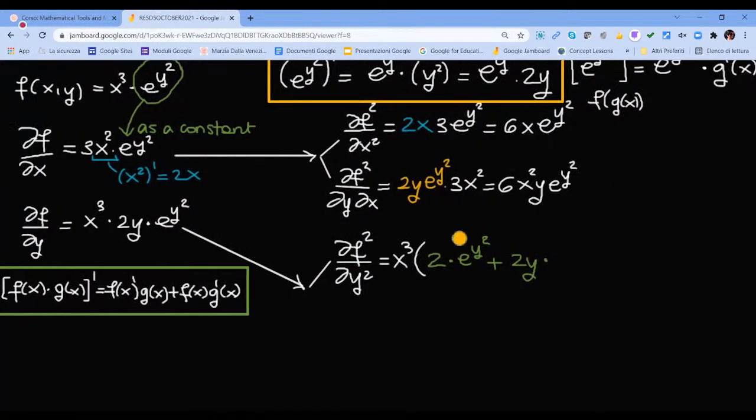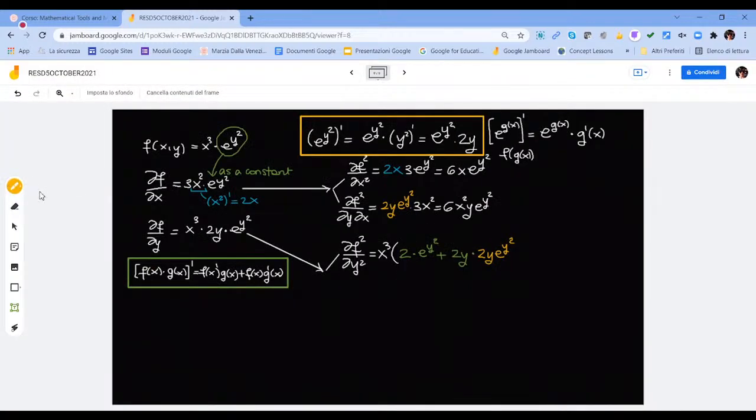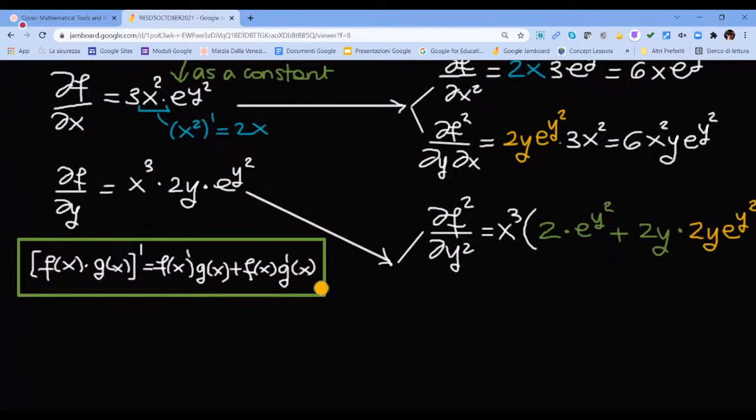So this time, this is 2y e^(y squared) again. Okay? So the meaning is to use this second formula. This is our g.